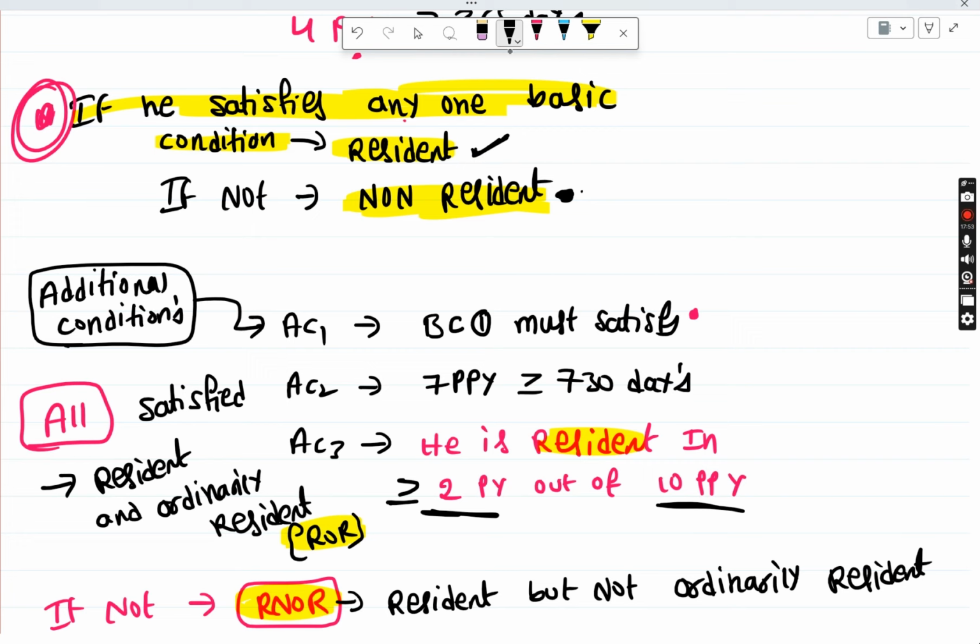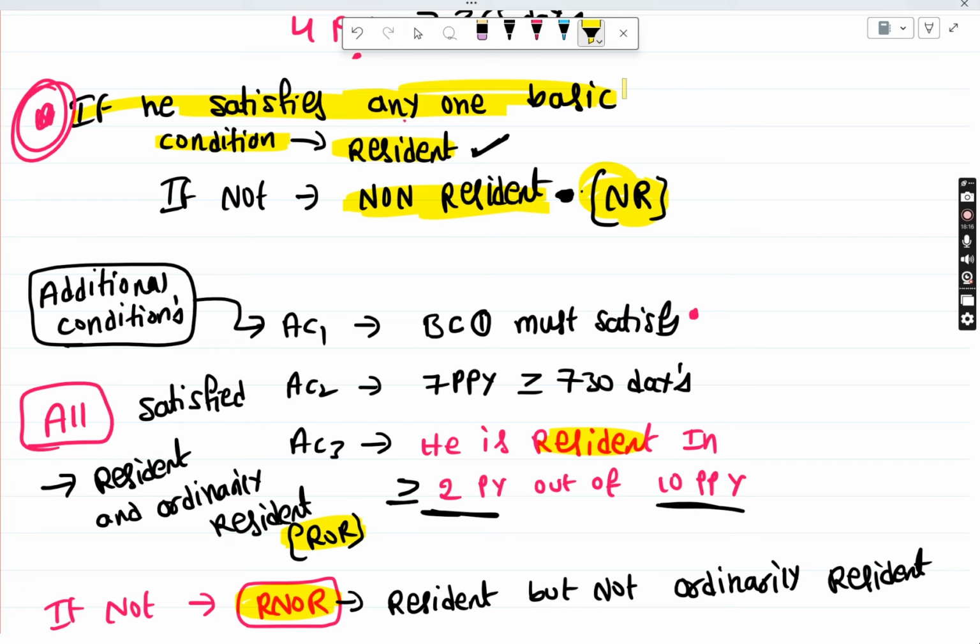All those things we are going to discuss in the scope of total income. So I have explained that part here to tell you the importance of finding out whether he is a ROR, a RNOR, or an NR, that means non-resident, or a resident, right?